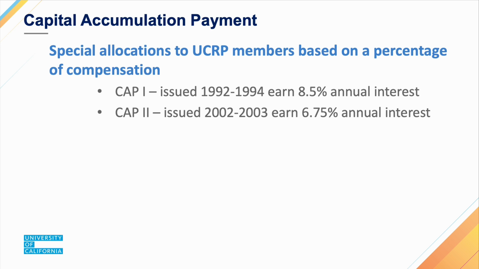CAP 1, which was awarded between 1992 and 1994, earned annual interest of 8.5%, and allocations made in 2002-2003 as part of the CAP 2 program earned interest based on the actuarial assumption. Currently, the actuarial assumption is 6.75%.